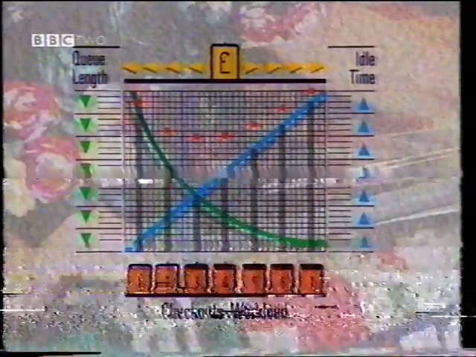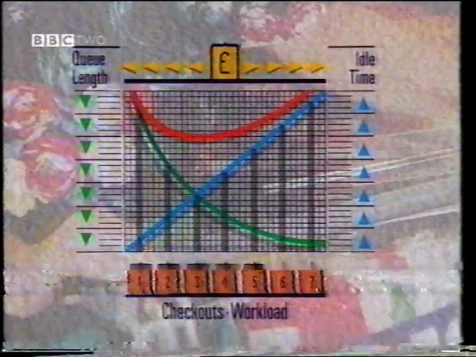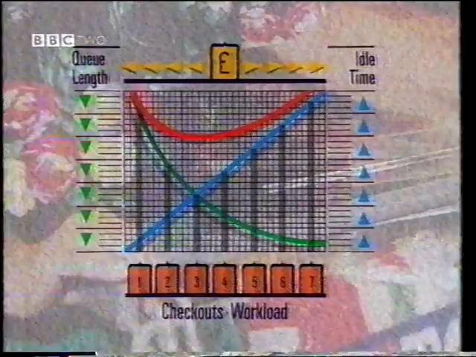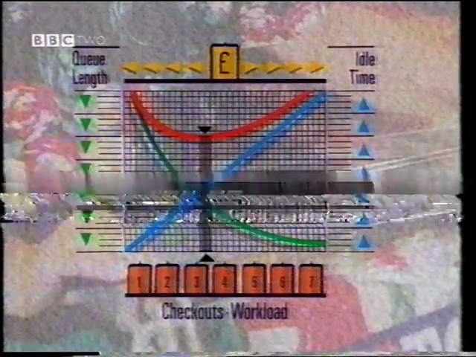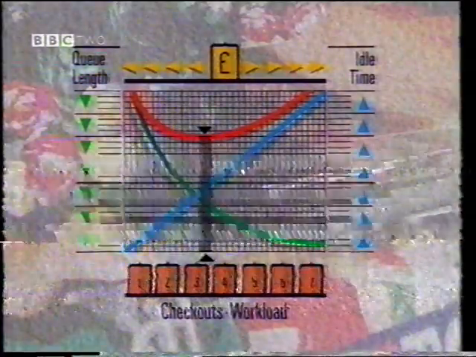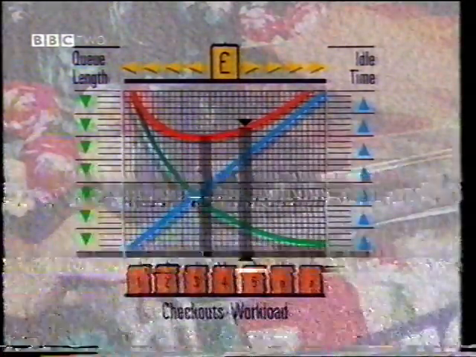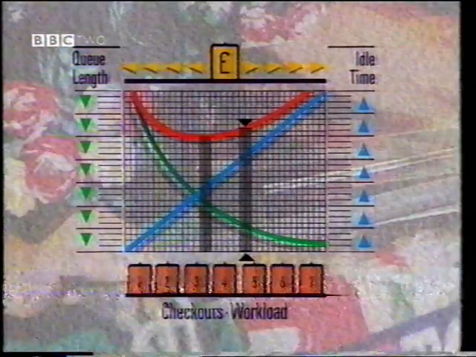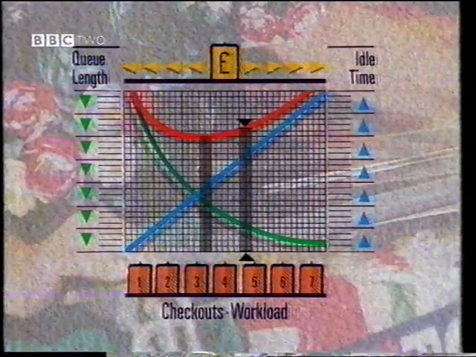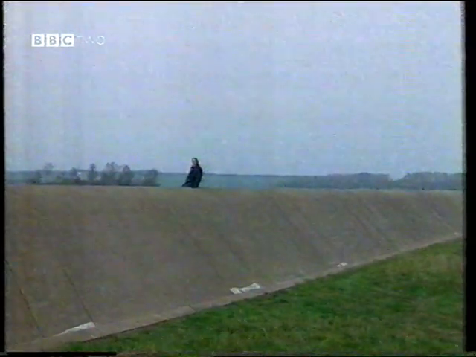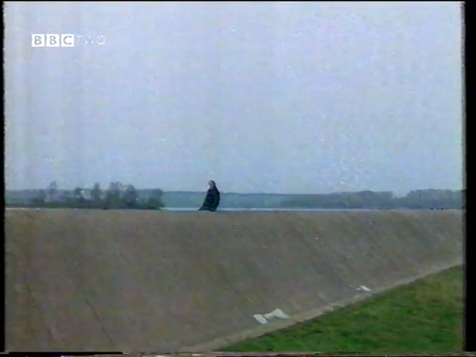The resulting line shows the total cost in money terms to the company, and the best operating point is in the region of the minimum of this curve. Many retailers, in competition with other traders, operate over here because they are more concerned with customer waiting time than checkout staff idle time.